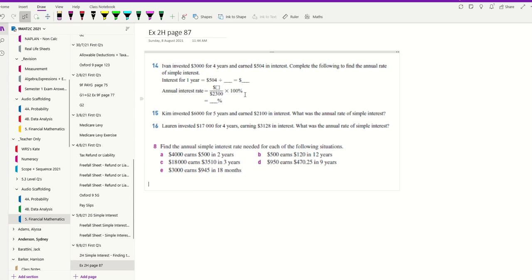Now have a go at these exercises here. This one is scaffolded a bit for you. Ivan invested 3,000, there's our P, for 4 years, there's our N, and earned $500 in interest. Calculate the following to find the annual rate of interest, our R. So we've got the interest for 1 year, 500 divided by N equals our dollars, and then our annual interest rate is going to be that answer over 3,000, which is our principal, times 100%.